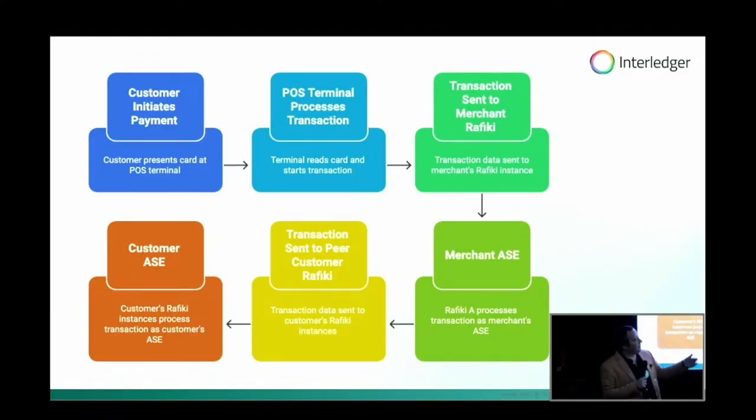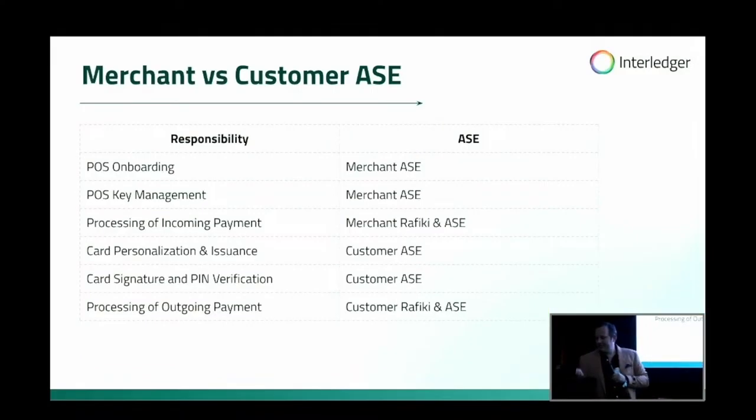So basically, the flow is very much like Tadej said. EMV, the cardholder presents the card to the POS device, and then from there, customer Rafiki and also the card issuer, whereas the merchant ASE was the POS, the ASE in charge of the POS device, and then from there, all the way to the customer ASE, and then finally, an approved transaction. So that's the flow, which should be very familiar to everyone that does card payments.